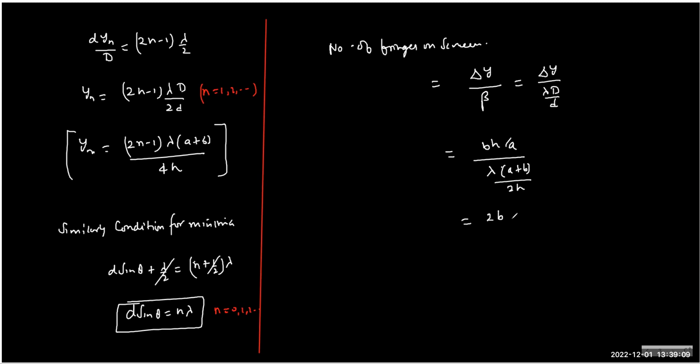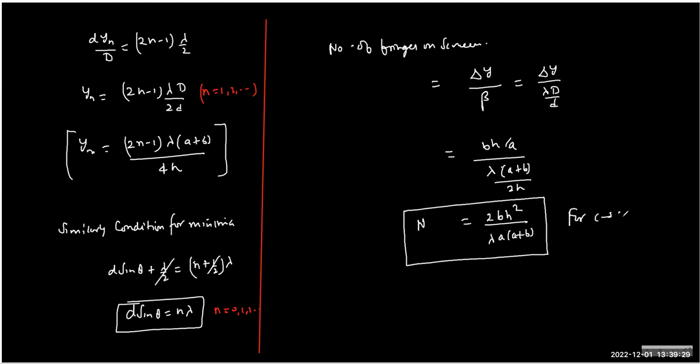So the number of fringes is 2bh square upon lambda A. This is the number of fringes that you can obtain on a screen for the case. So our syllabus is all about c tends to 0. Okay. Yes, sir.